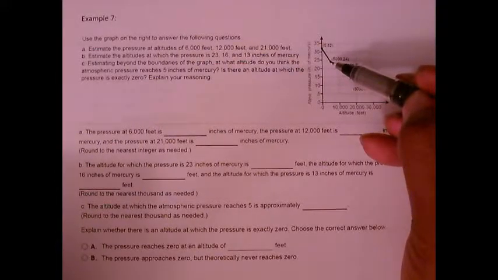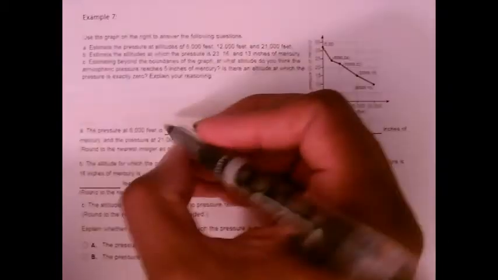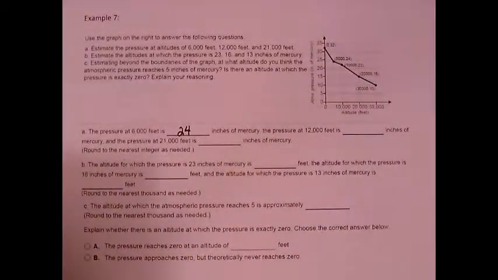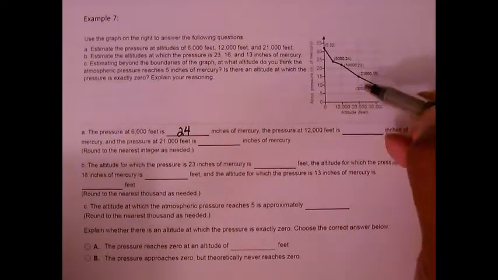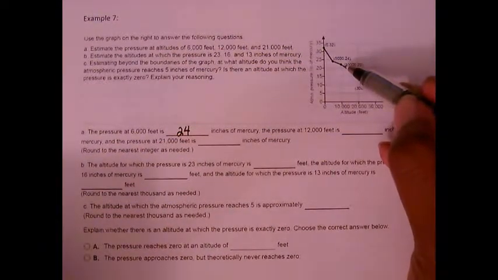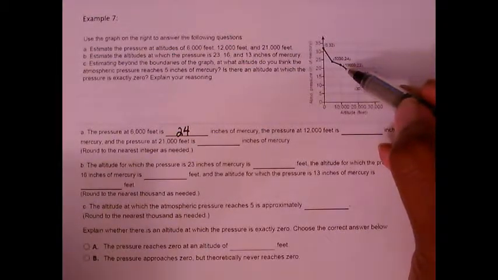The pressure at 6,000 feet is, okay, we're going to have to say about 24 inches of mercury. And the pressure at 12,000 feet would be, well, here's 10,000, that's 22. So if I go a little bit further, it's going to be a little bit less than that.